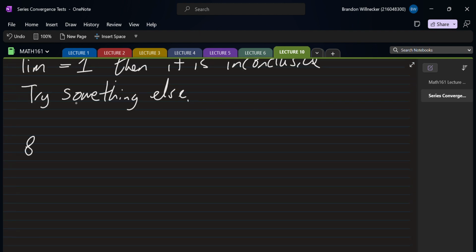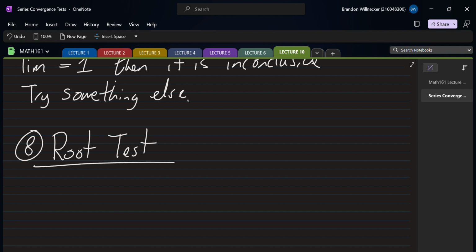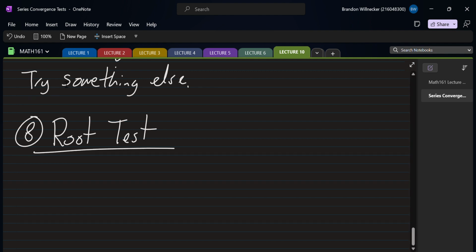Next one is the root test. Here we take the limit as n goes to infinity of an to the 1 over n. So we take the nth root of the nth term, so 1 over n is the nth root.